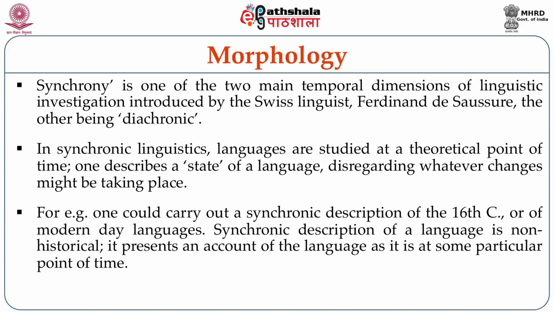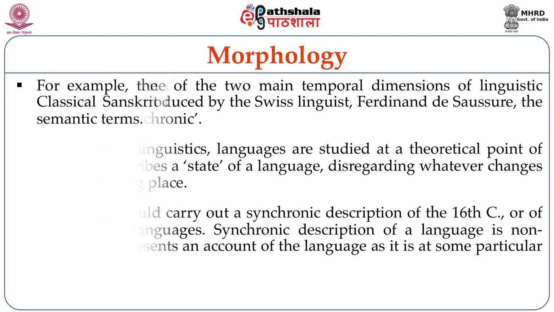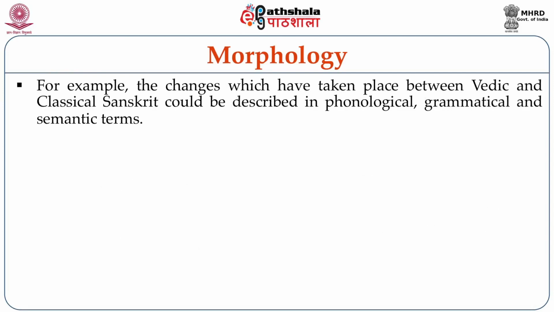Diachronic description of a language traces the historical development of the language and records the changes that have taken place in it between successive points in time. For example, the changes which have taken place between Vedic and classical Sanskrit could be described in phonological, grammatical, and semantic terms.